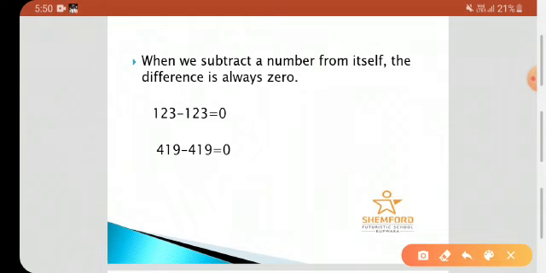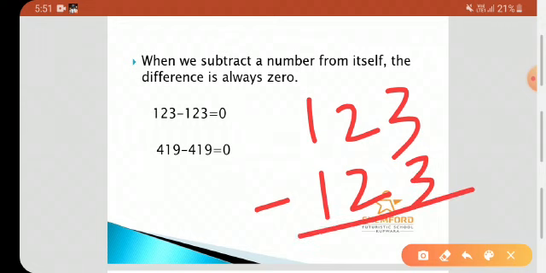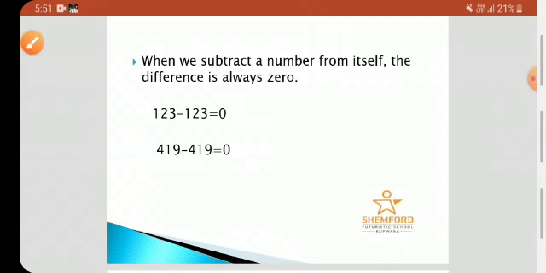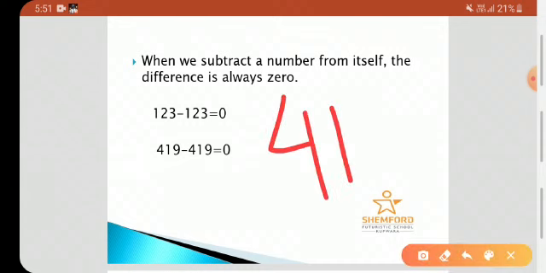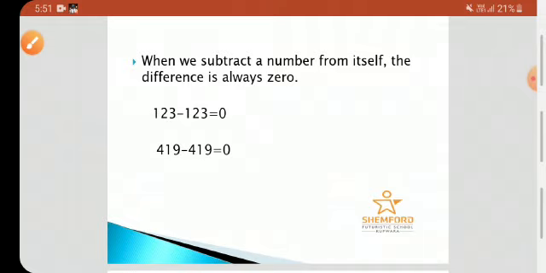Whenever we subtract a number from itself, that means 123 minus 123, the answer we will get: 3 minus 3 is 0, 2 minus 2 is 0, 1 minus 1 is 0, that is, the answer will come 0. Similarly, 419 minus 419, the answer we will get is the number 0.